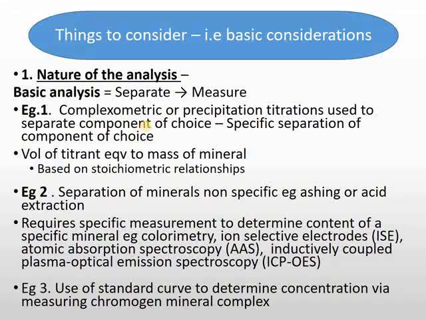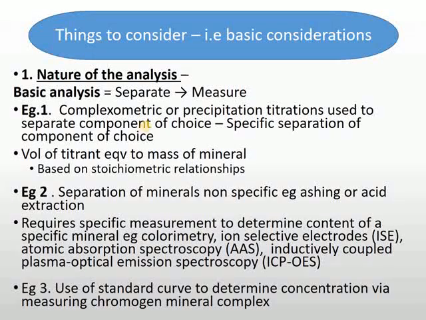Remember, food is a matrix. It contains all things that are bonded together. So if we are looking for that specific small mineral, we have to separate it from the matrix. After separating it on the side, then we can measure how much it is, because whilst it's attached to other components in the food, that becomes an interference.